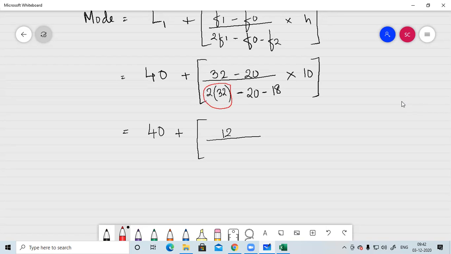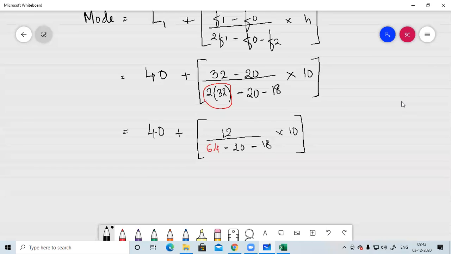So that will be 2 into 32, 64, minus 20, minus 18, into 10. 40 plus, so 64 minus 20 minus 18, you will get your answer as 26. So 12 upon 26 into 10.